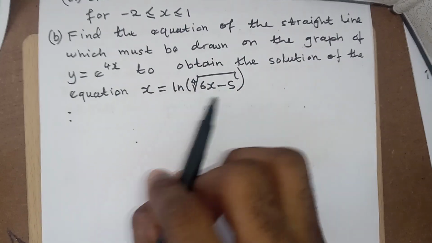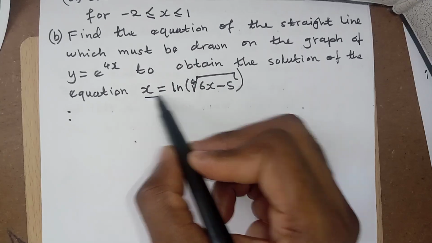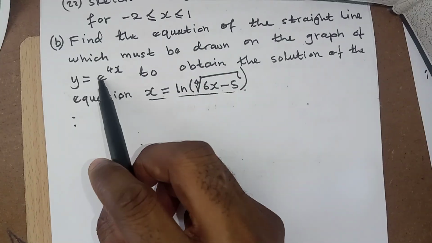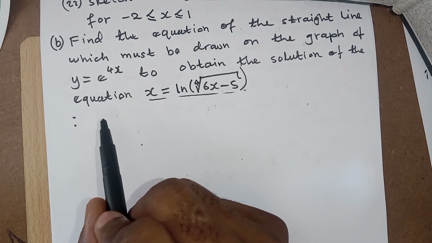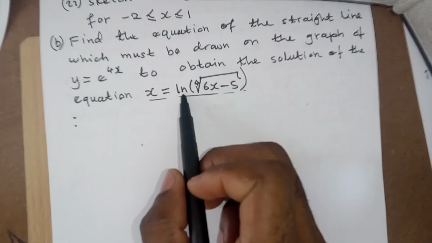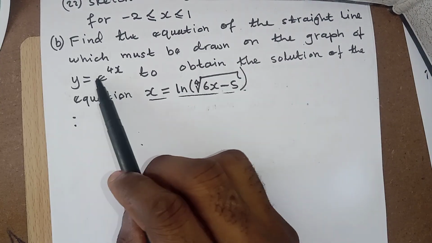So to solve this one, you have to mess around with these terms to obtain this somewhere. So the first thing I'll do is to get rid of the natural log.